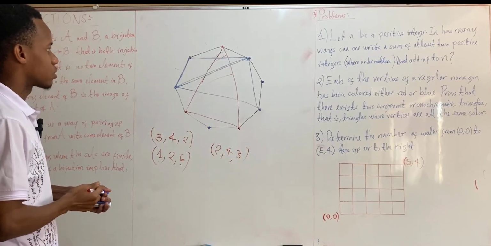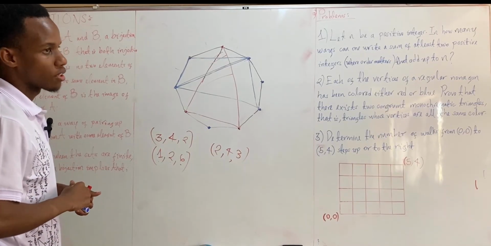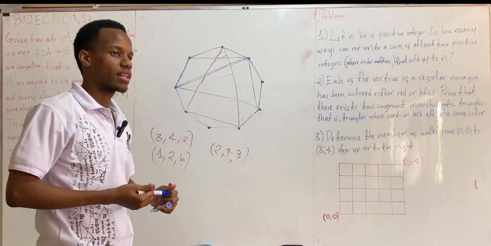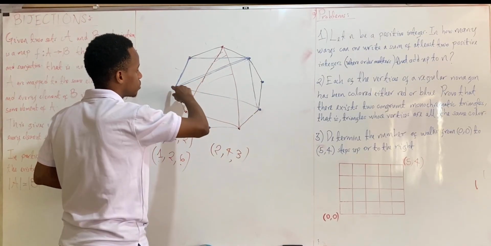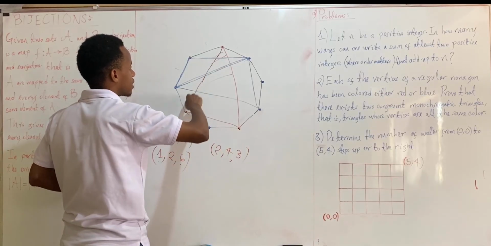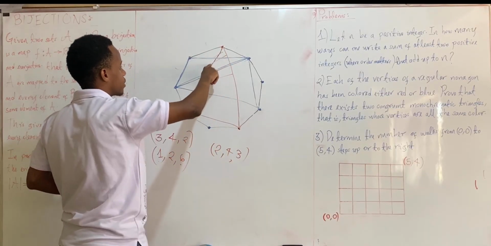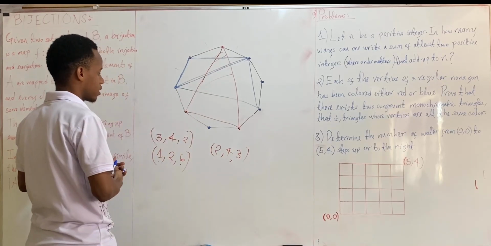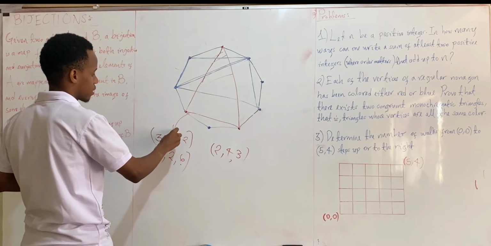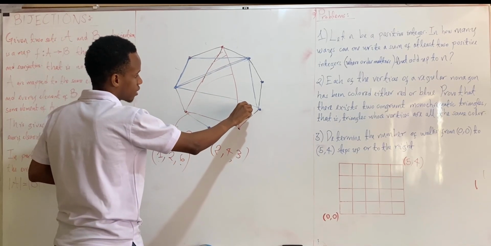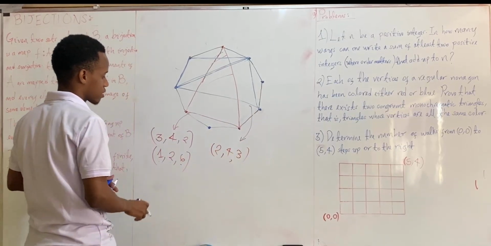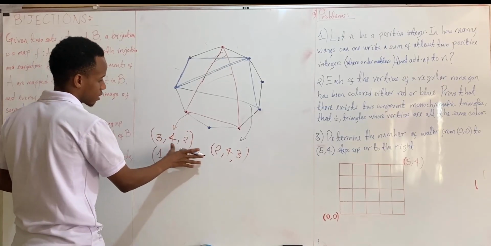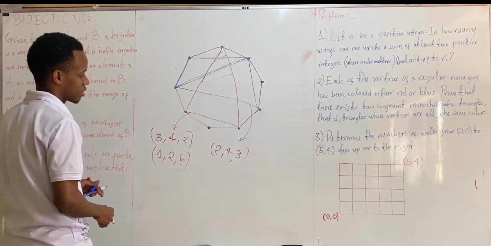But remember, we want to describe congruent triangles as being exactly equal to one another. And so we want this blue triangle to be described in the same way as this red triangle. Now this red triangle was described by this triplet, and this blue triangle was described by this triplet. So we want this to be exactly the same as this.